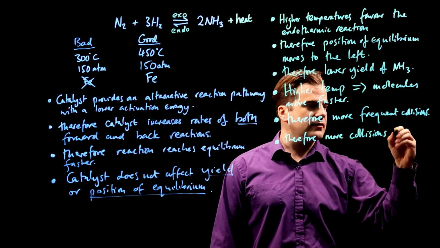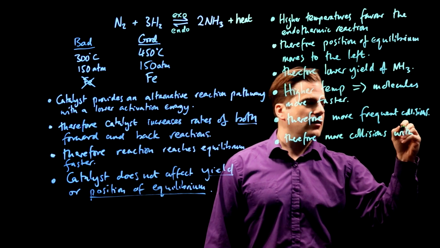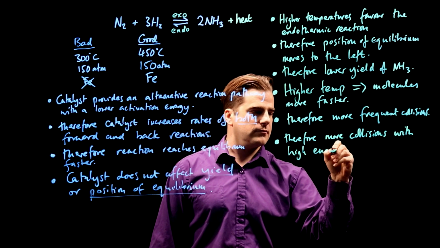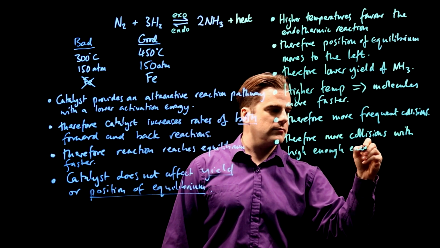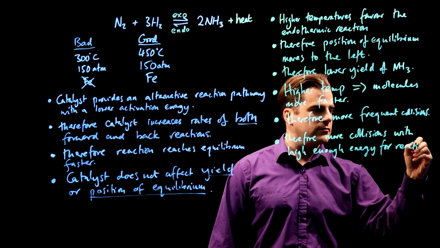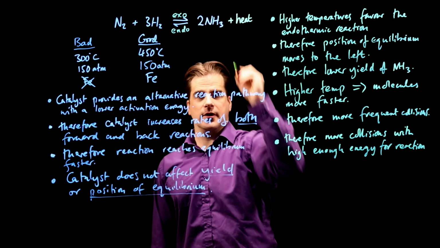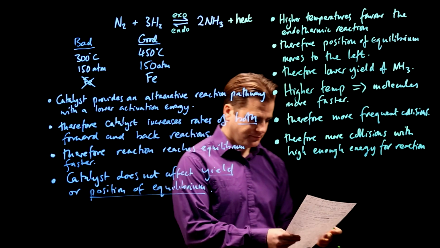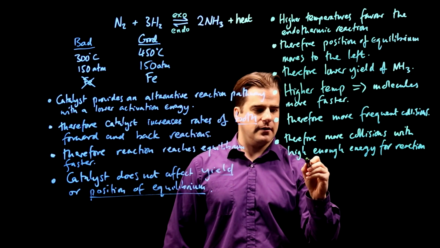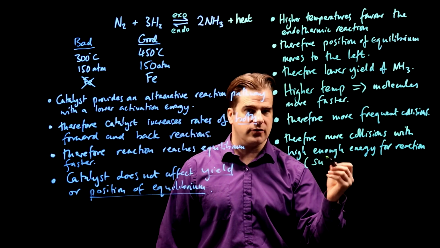Therefore, more collisions with high enough energy for a reaction to take place to form a molecule of ammonia. That's also known as a successful reaction, if you like. You can use that language.